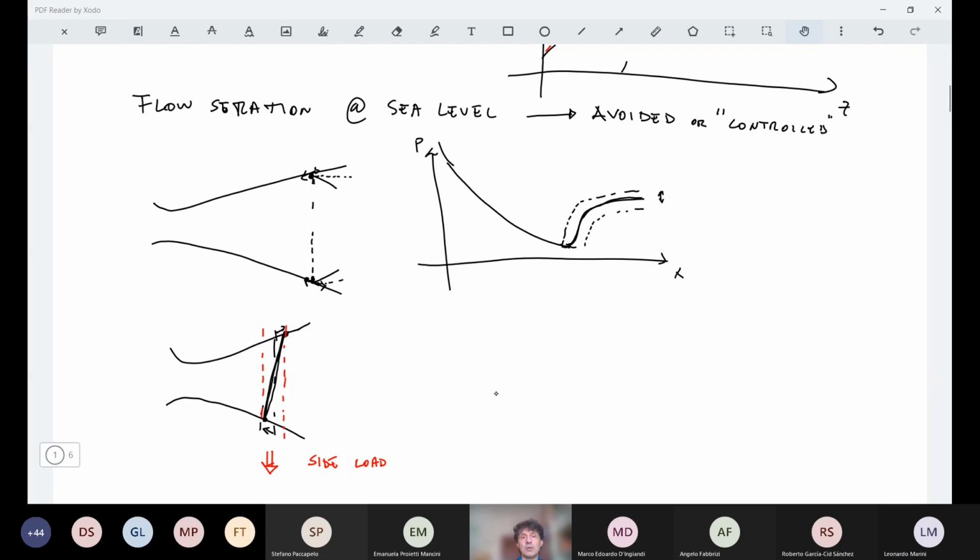So usually we don't design this nozzle with increased weight to make it resistant to these forces, which are also oscillating, so it's also a dynamic load. Therefore, this is the reason why we like to avoid flow separation during the whole time of operation of our rocket.